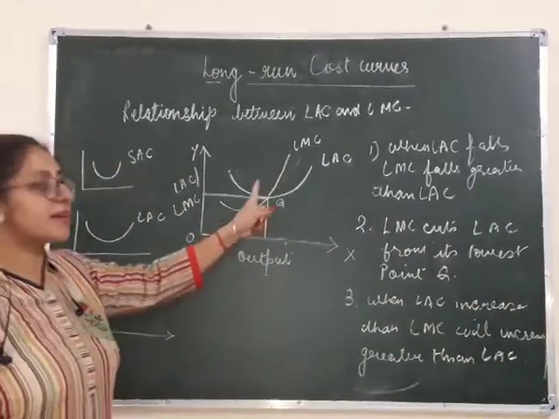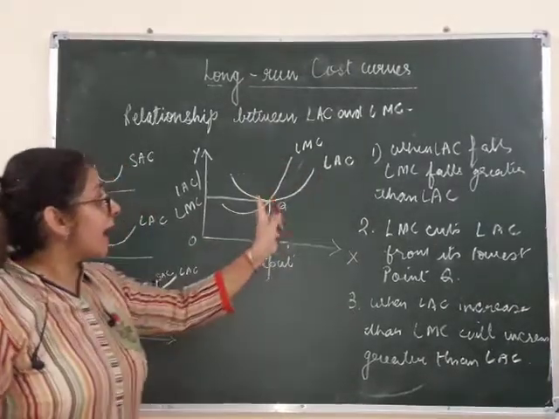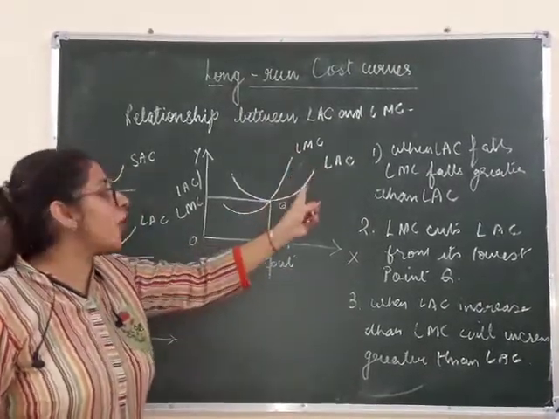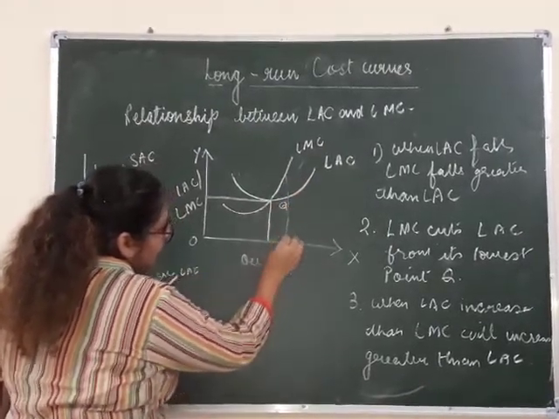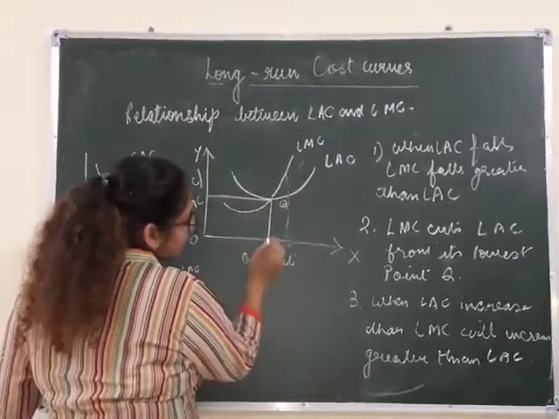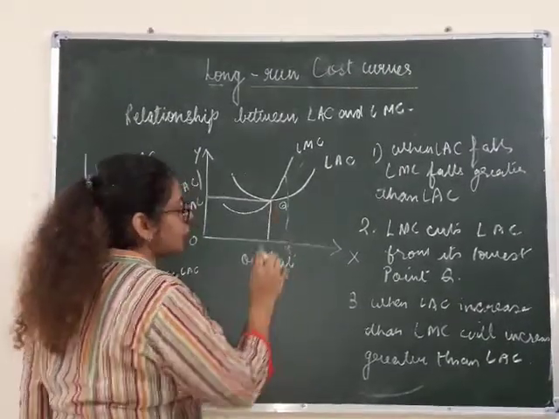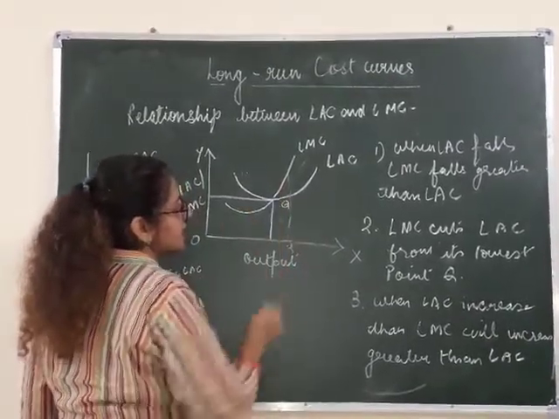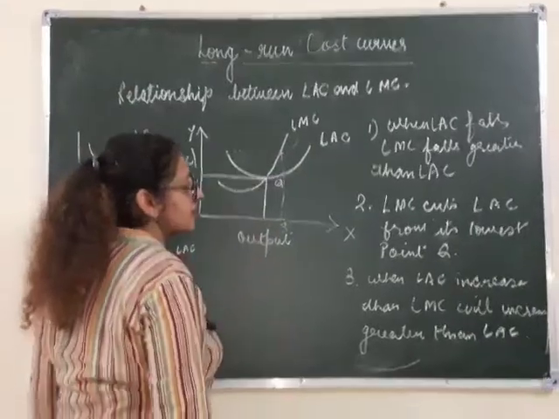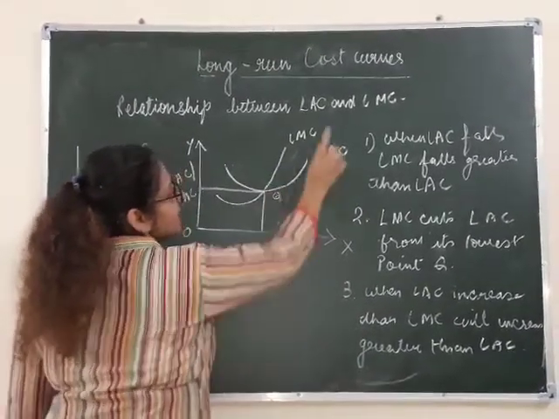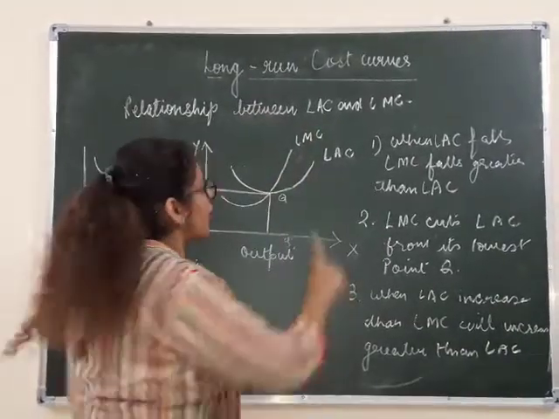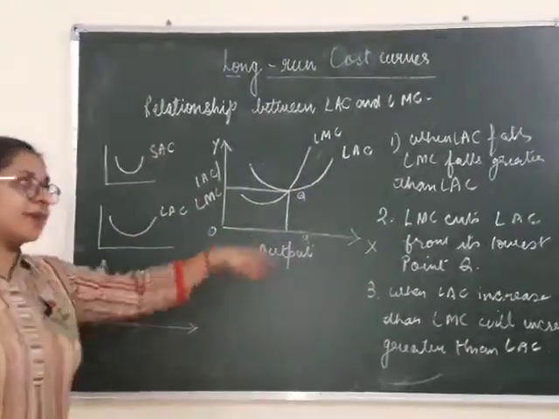As you can see in the diagram, when AC is increasing, MC is increasing greater than your AC. And if you want to understand, you can just take an imaginary line like this. Suppose at the 3 level of output, you can see your AC is this much whereas your MC is this much higher. So you can see a difference. When AC increases, MC increases greater than your AC. So is everybody clear with these points?